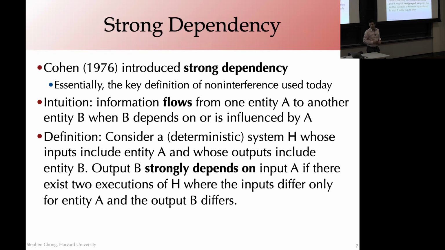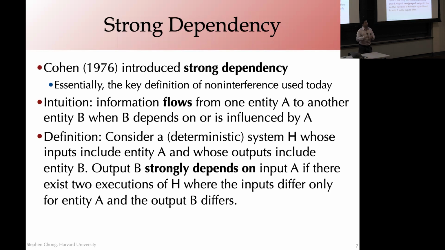Now, given a deterministic system H, with inputs including A and output including B, B strongly depends on A if there are two executions of the system where the inputs are exactly the same except for the entity A. And in those two executions, the output, entity B, differs. Right?